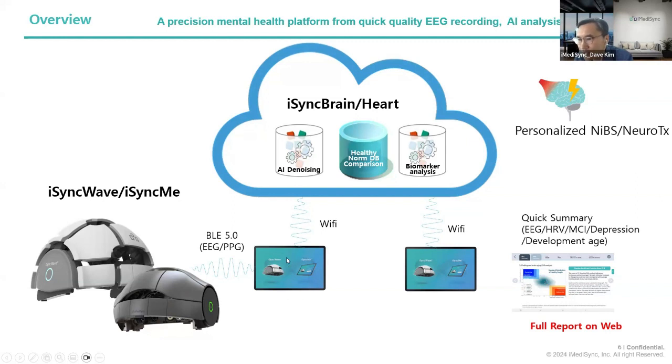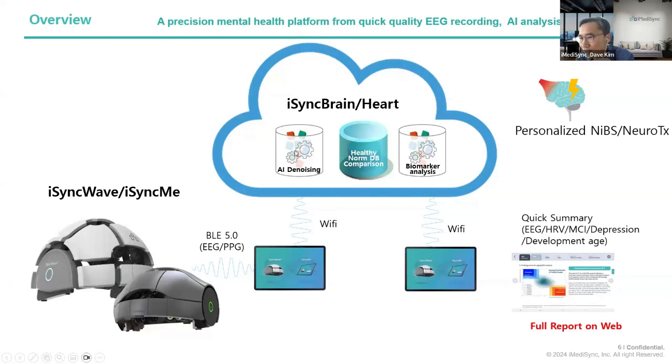After recording the EEG and PPG data, it goes to the cloud through Wi-Fi. And once the data arrives at the cloud, the first process is the AI denoising. And after the denoising, we can make the clean 19-channel EEG data and the PPG data.